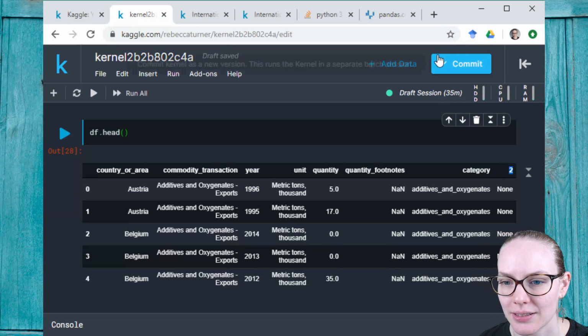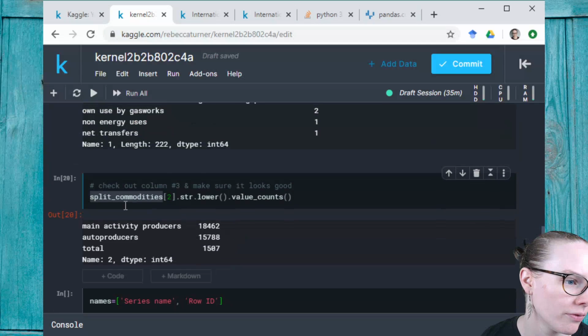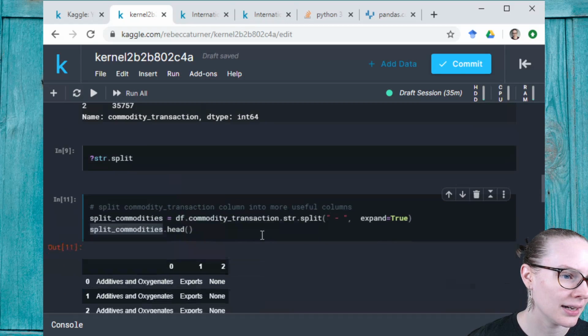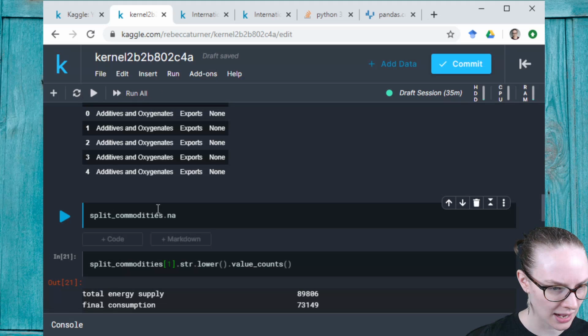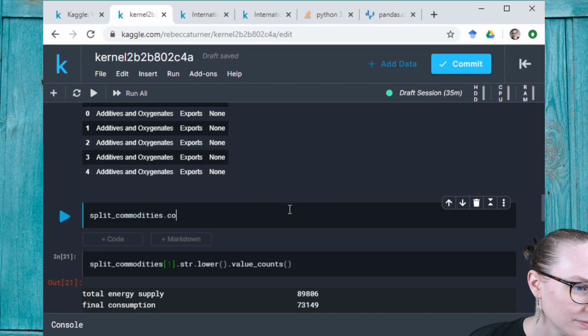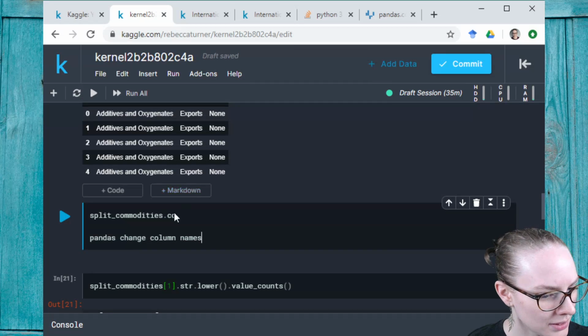So I think it might be more helpful to rename the rows. Nope, rename the columns in our original split commodities data frame. So let's do that. All right. So let's do it here. Pandas change column names.